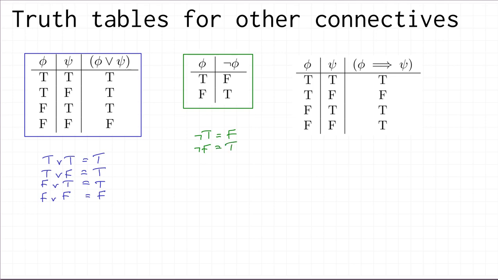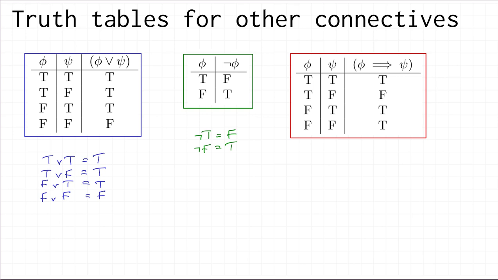Okay, and the final connective that we've not yet dealt with is the connective implies. So here is the truth table defining our interpretation of the connective implies. And this one is perhaps a little bit more confusing.